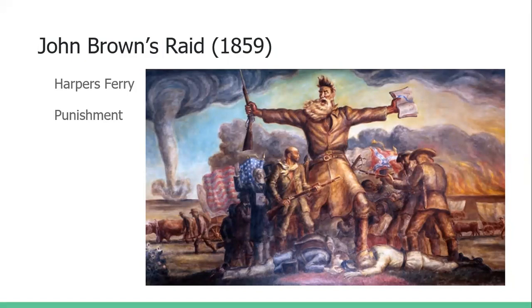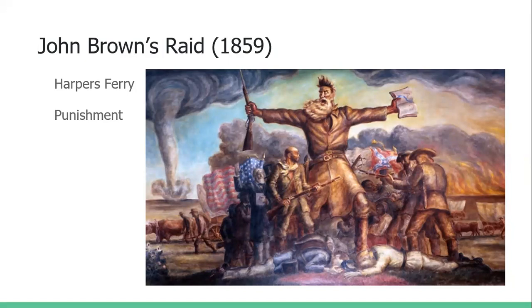Now, he raided the armory with 22 people, but they were defeated over the course of 2 days. They were defeated by a company of U.S. Marines led by Israel Green, who's an officer during the Civil War.